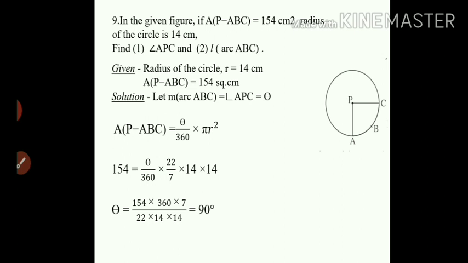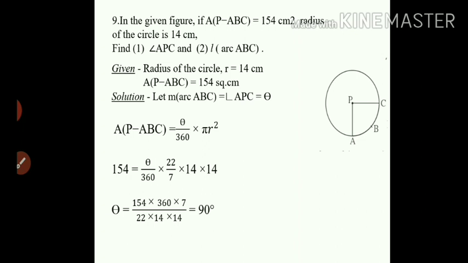Theta will be equal to 154, which was on the left hand side, multiplied by the denominators from the right hand side: 154 multiplied by 360 multiplied by 7 upon the numerator, 22 multiplied by 14 multiplied by 14.